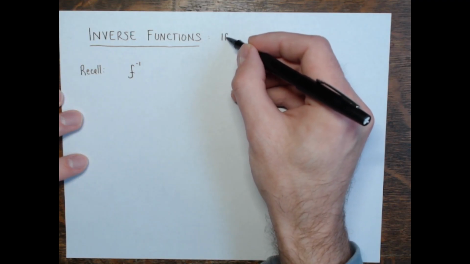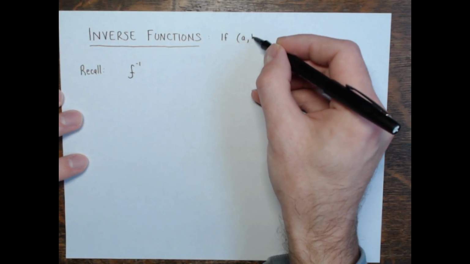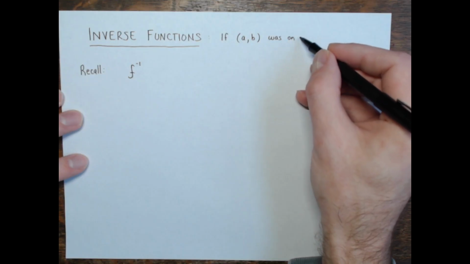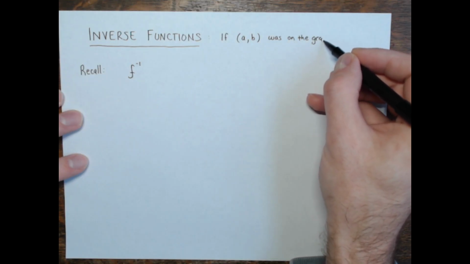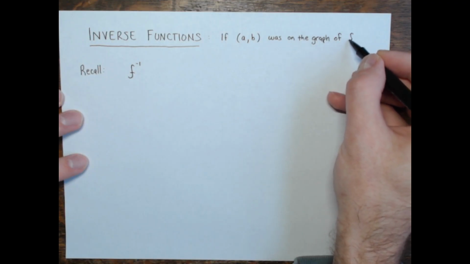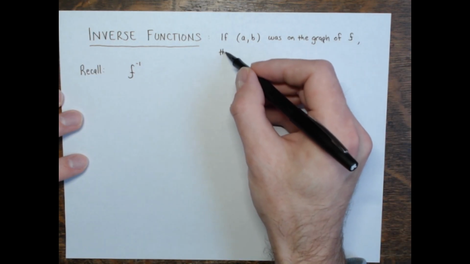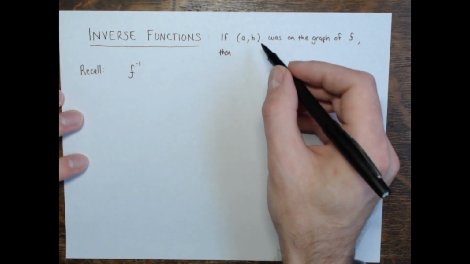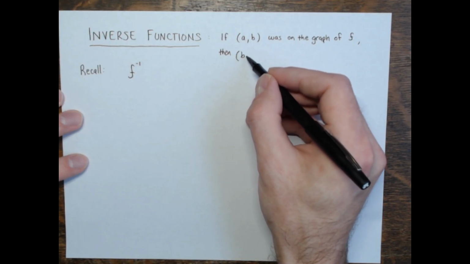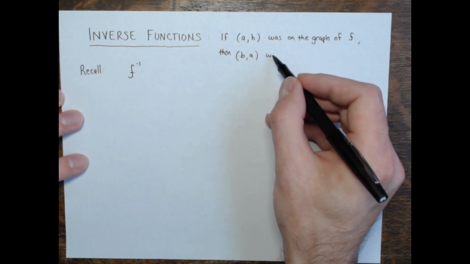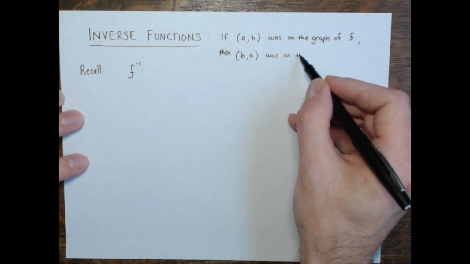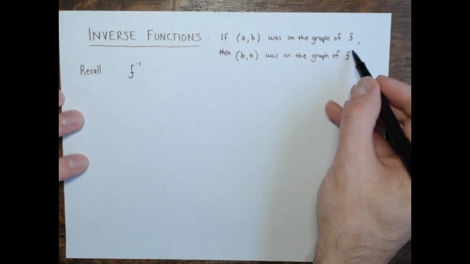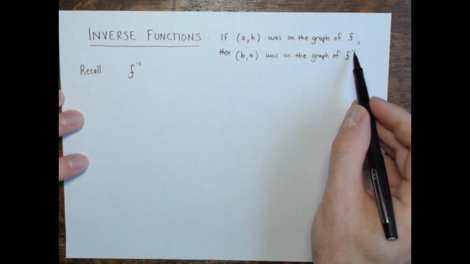Just a recap here, if an ordered pair, let's say A comma B, was on the graph of F, then again, reverse the mapping, reverse the order of the x and y values, switch the x and y values, then B comma A was on the graph of its inverse. And again, F with the little -1 there.